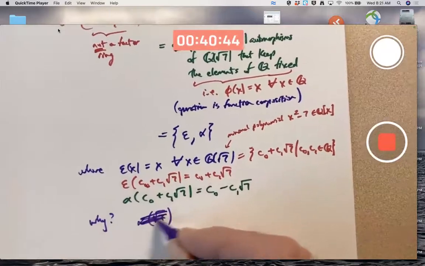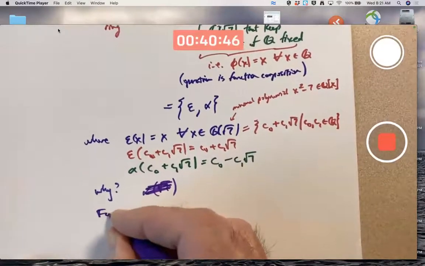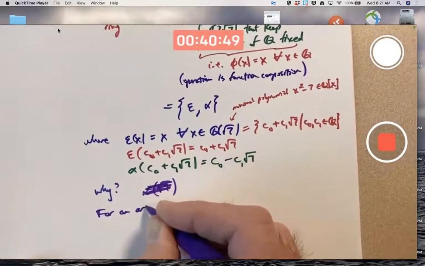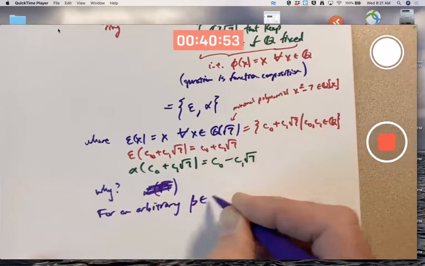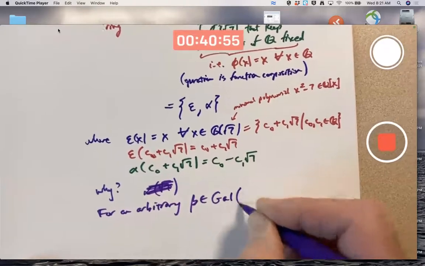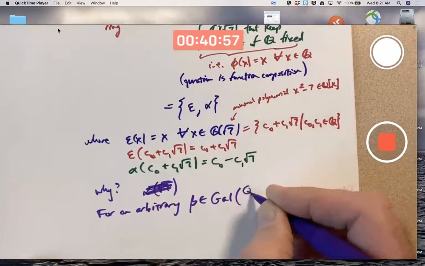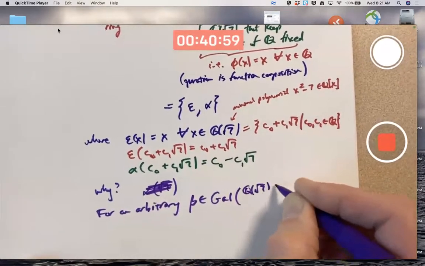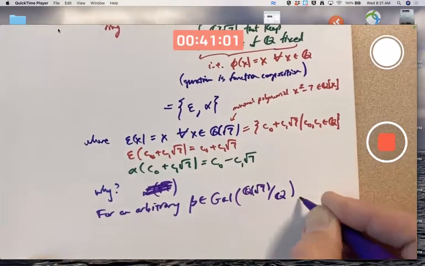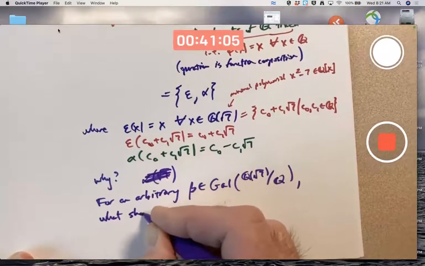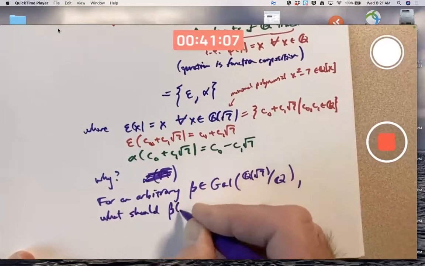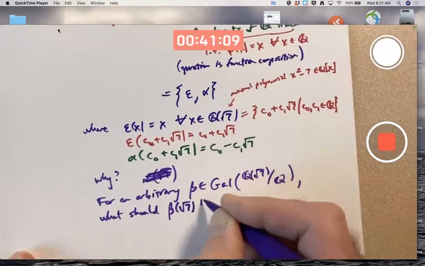Well, let me write it differently then. For an arbitrary element, call it beta, in this Galois group, what should beta of root 7 be? Just a plain root 7.